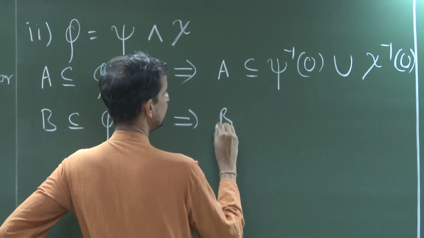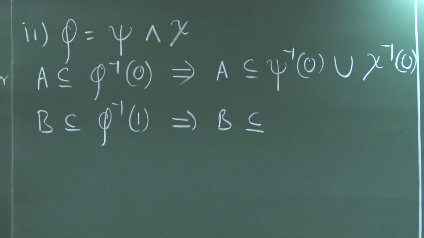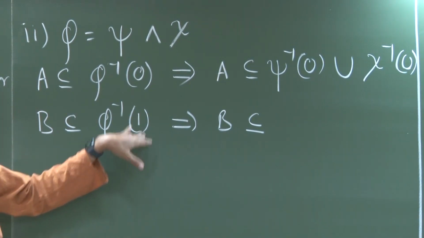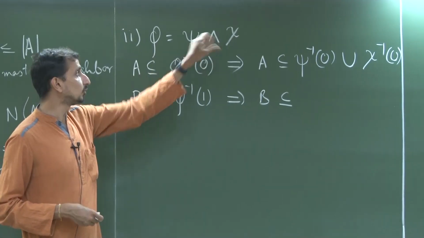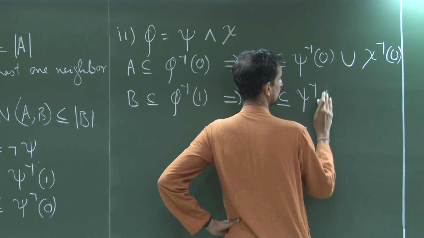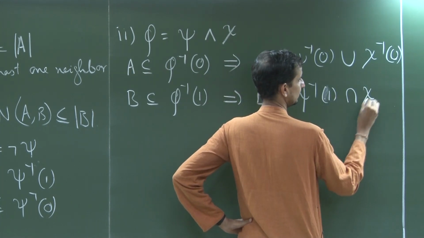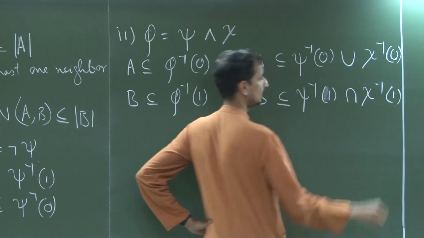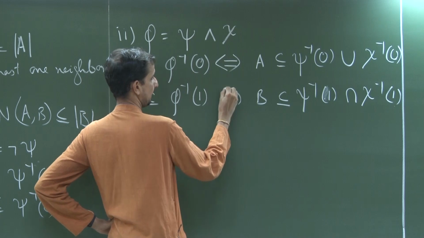Now, if I take B which is a subset of phi inverse 1, what can I say about B over here? So, when is an input mapped to 1? If both of them are 1, right. So, what should it be? It will be psi inverse 1 intersection with chi inverse 1. Once again, this is if and only if, right.